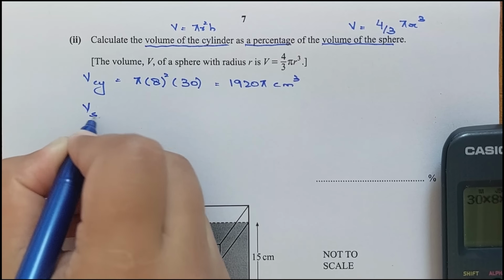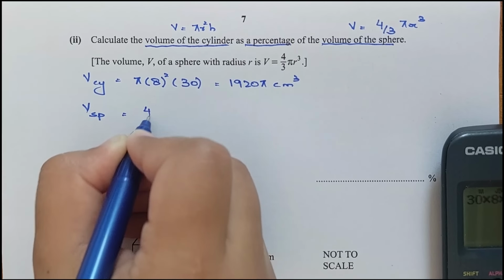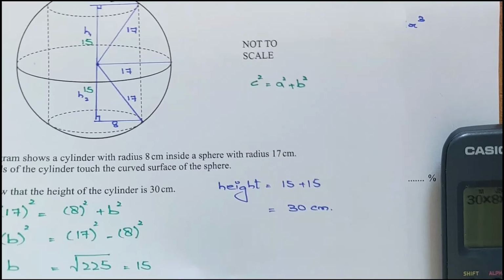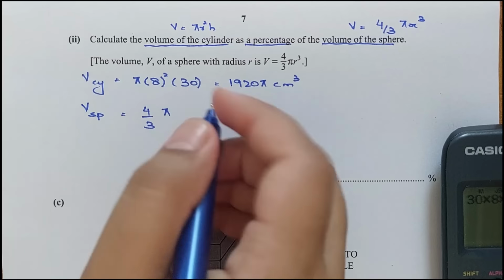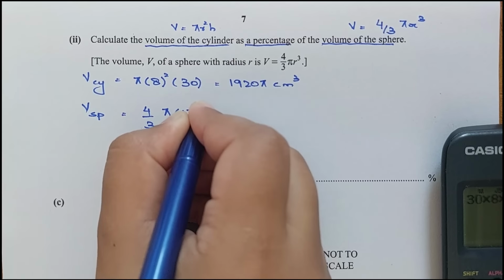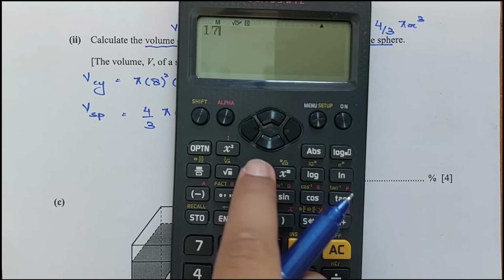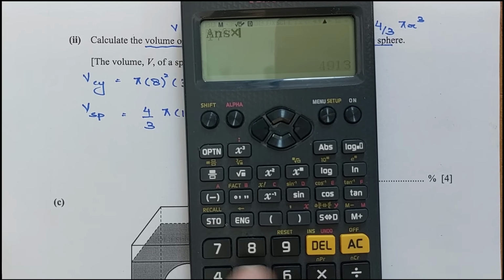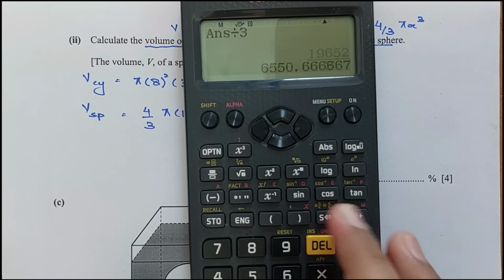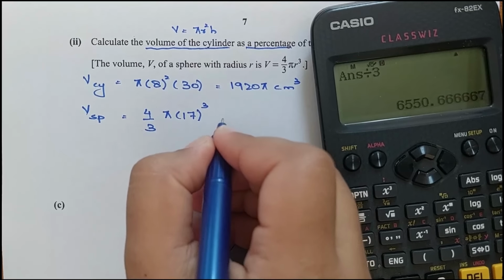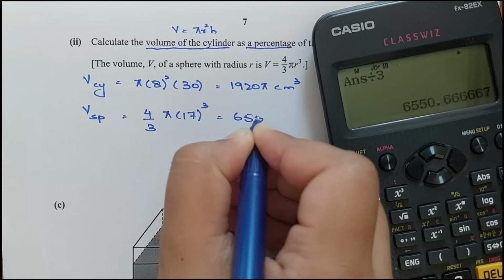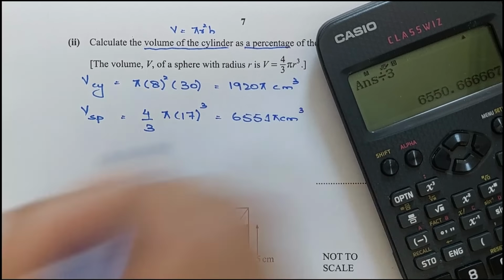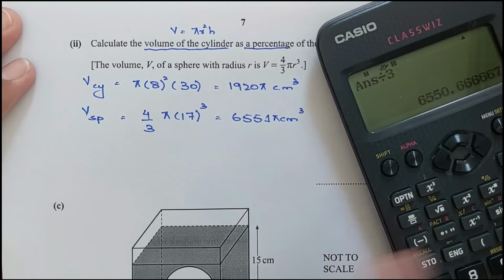Now the volume of the sphere is 4 by 3 pi, and the radius of the sphere is 17 centimeters, so 17 cube multiplied by 4 divided by 3, which gives 655 pi centimeter cube.